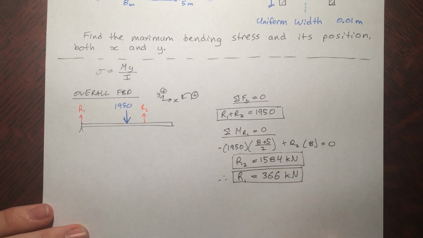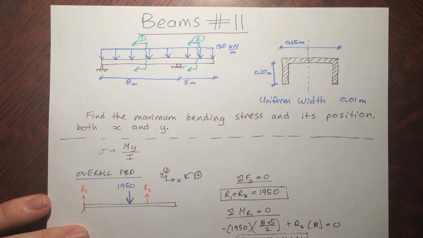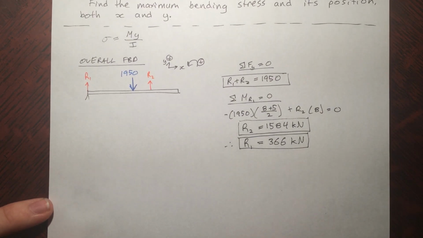Okay, so now that we have the reactions, we can go in and take a look at each one of these free body diagrams we have here to find our bending moment.